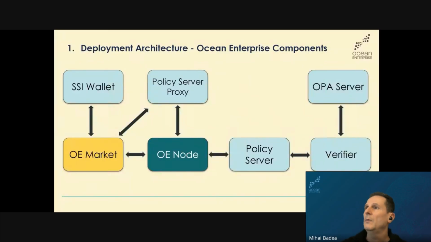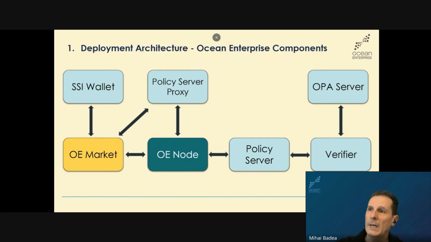Okay, so beginning with the deployment architecture, a data space enabled by Ocean Enterprise has many components. As you can see here, there are 7 components needed.